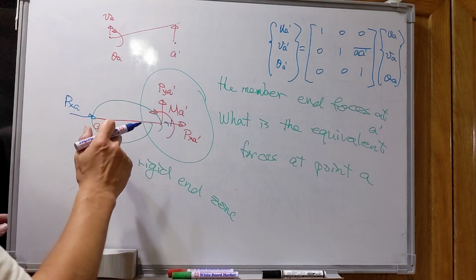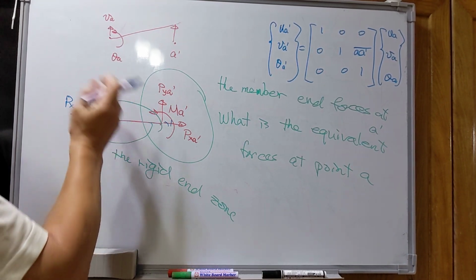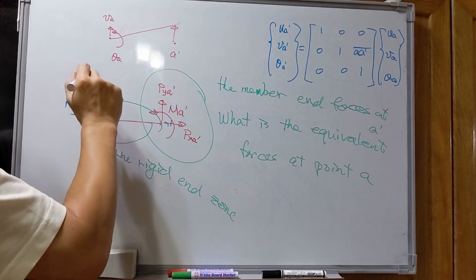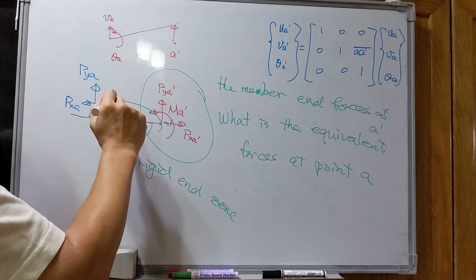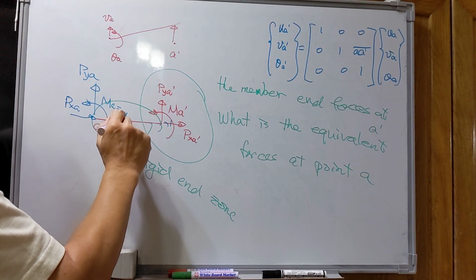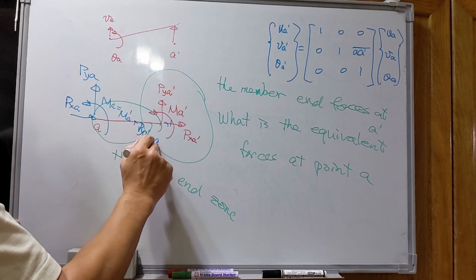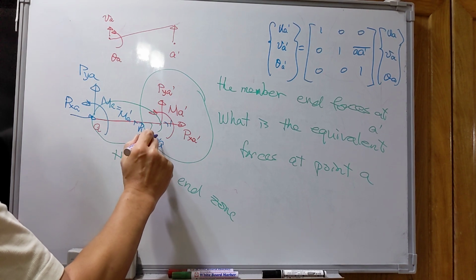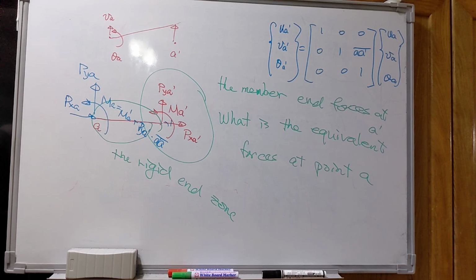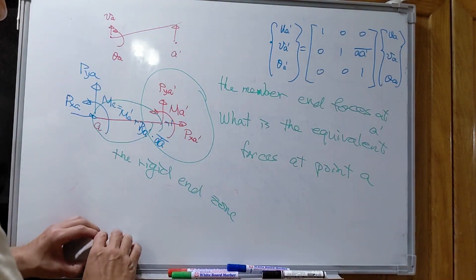And what will be the MA? The MA prime will be moved here, and the PYA here. MA is equal to MA prime plus PYA prime times the distance AA prime. Okay, so we can write the equations for the force transformation.